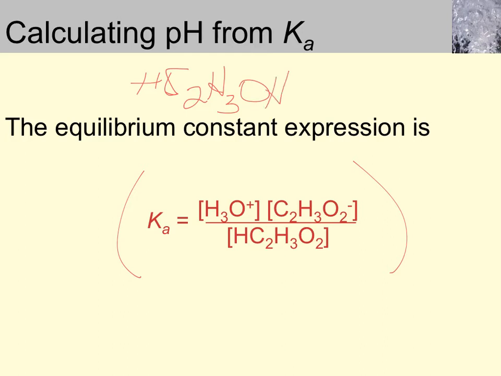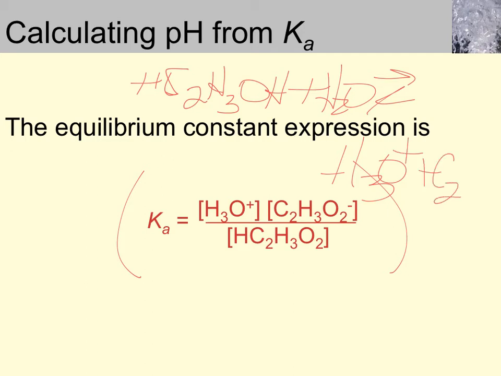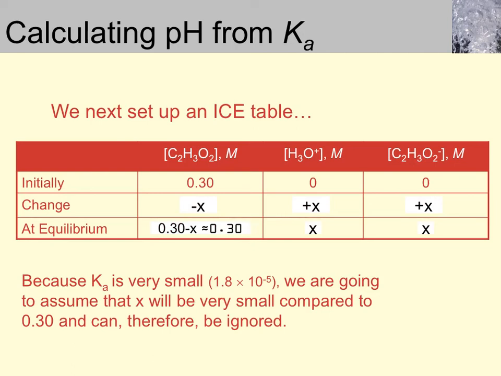This happens to be acetic acid. And so if you were to write the acid ionization equilibrium, it would look like this. So here's the equilibrium constant expression. Setting up your ice table, the given information is 0.3 molar acetic acid as your initial concentration, 0 for both products.